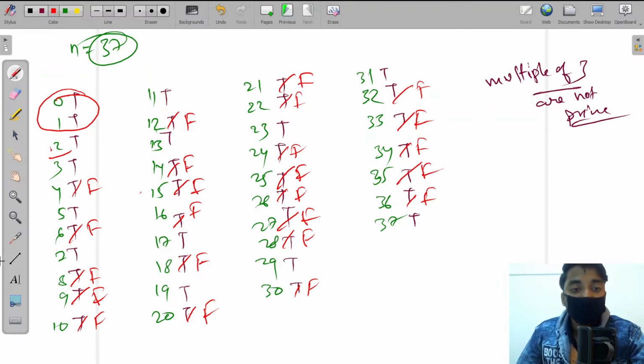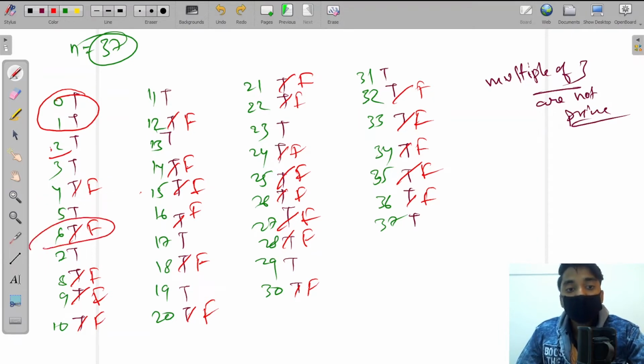Now it will go for 6. Here when it comes to 6, it will check is it true or not. Here 6 is already false. This means 6 is not a prime number. So multiples of 6 are also not prime numbers. And if 6 is false, this means 6 is a multiple of a previous number.